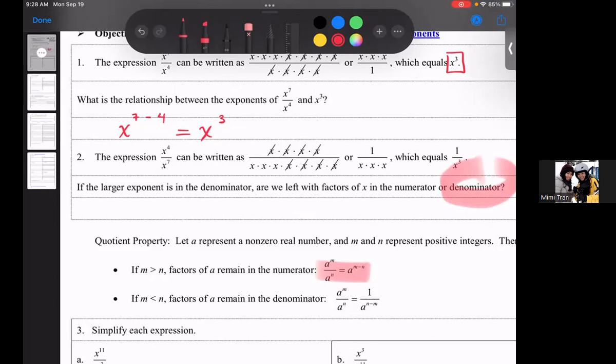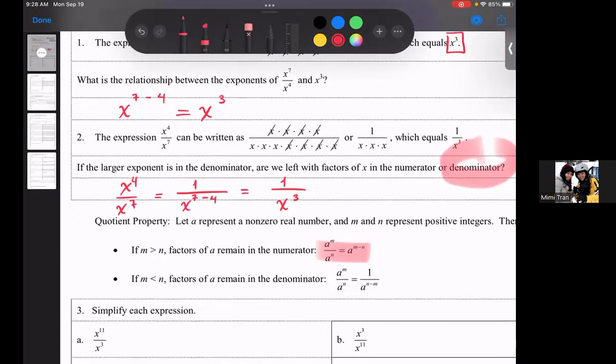So it looks like this: x to the 4 divided by x to the 7 equals 1 over x to the 7 minus 4, which is 1 over x cubed. I'll explain to you why later, when you move the 4 down here, it turns negative.